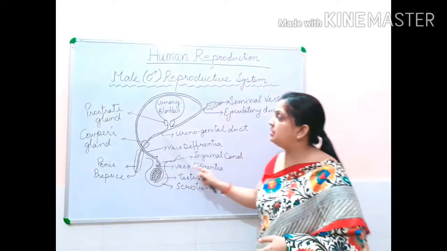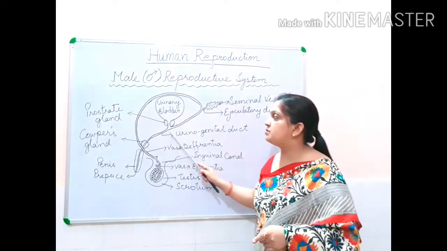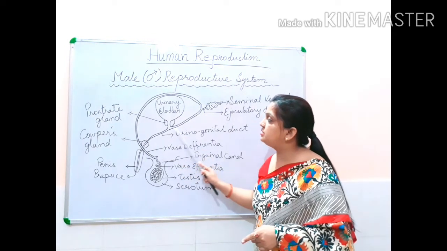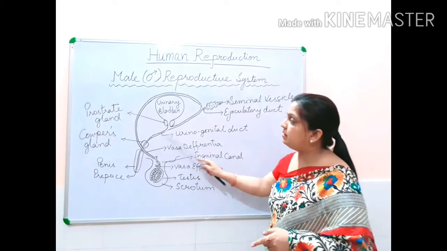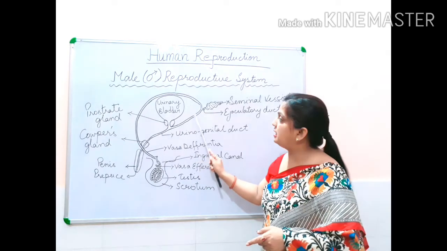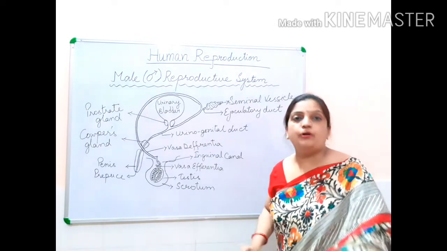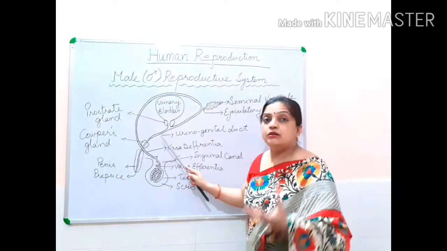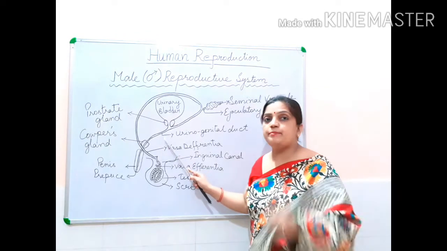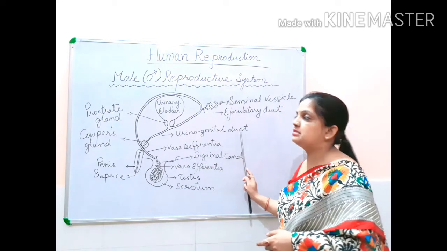It's only a single pathway. So the release of urine as well as the release of sperms both take place through this duct only. So when the urinary bladder pipe connects to the ejaculatory duct, after this the pipe becomes common. This pipe becomes a common pathway for the passage of sperms as well as urine. So this part here is called the urinogenital duct.